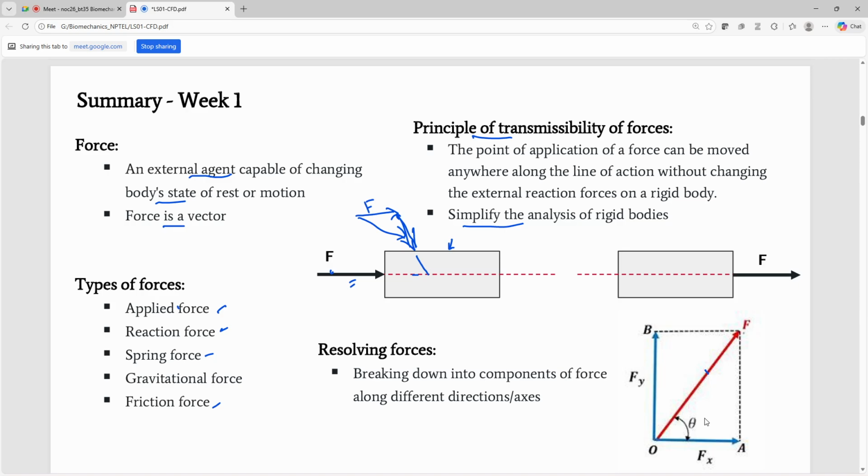For simplicity, keep in mind that whichever component is making the angle with that particular vector, that component will be cos theta. So Fx will be F cos theta, and the opposite one will be sine of this angle, so Fy will be F sine theta. Wherever the angle is being made, that component will be the cos component.